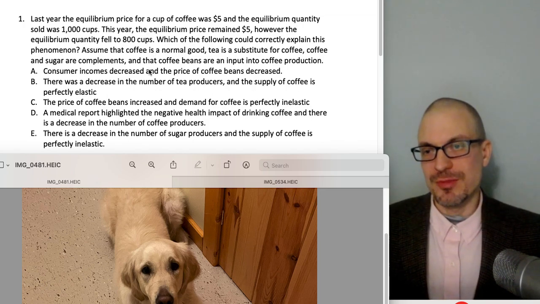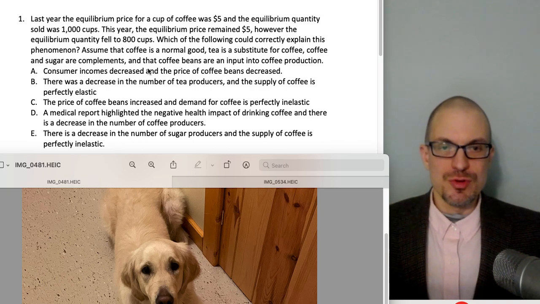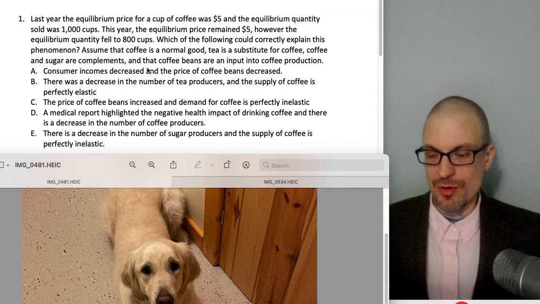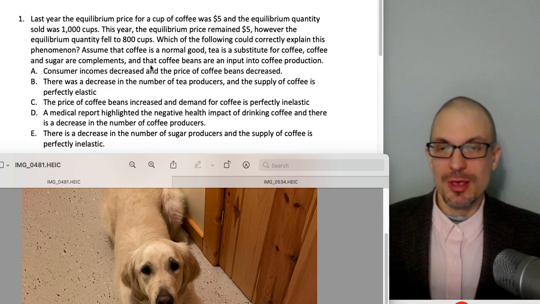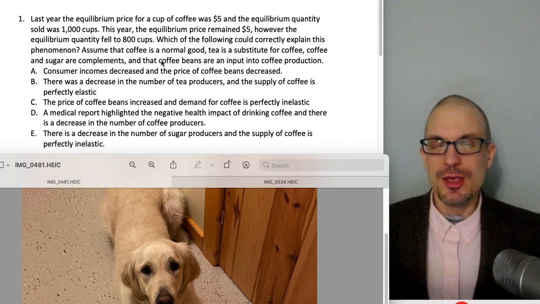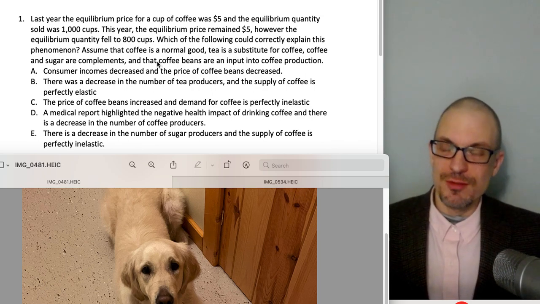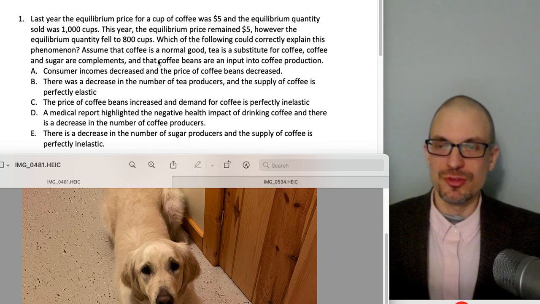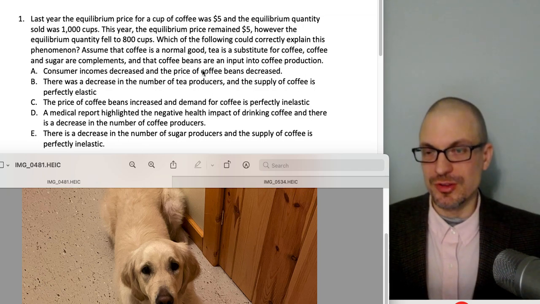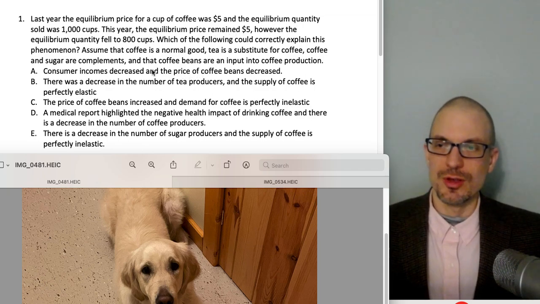But maybe at the same time, we have a decrease in supply, meaning increasing rarity in the market, which would drive up the price, but quantity would fall. So in both cases, decrease in demand and decrease in supply, we have a lower quantity, but the effect on price is ambiguous. The two disagree about the direction of the effect, and if they happen at the same time, they could cancel each other out and give us the price of $5. That's the other thing we're looking for here.